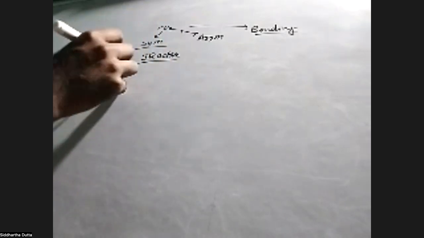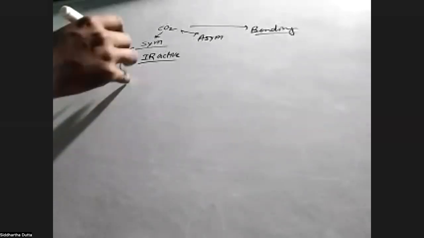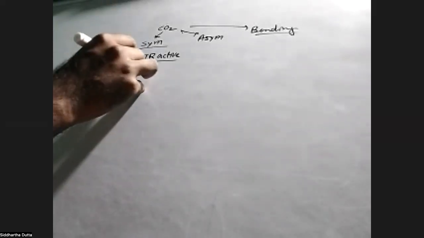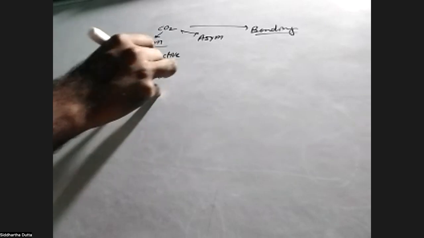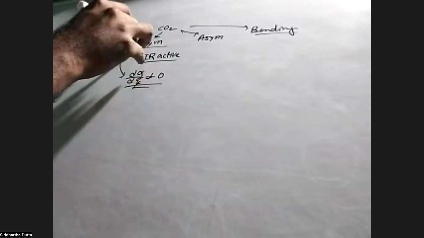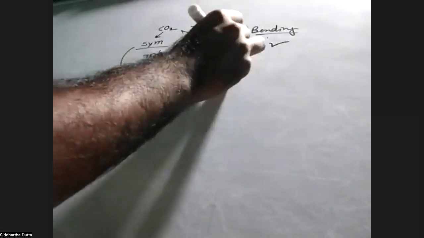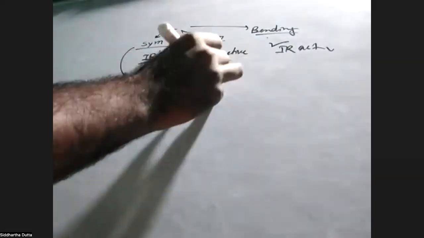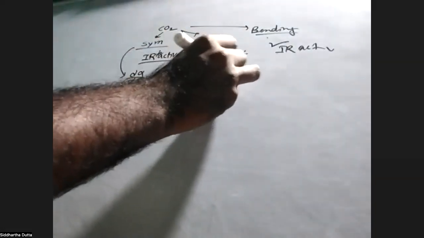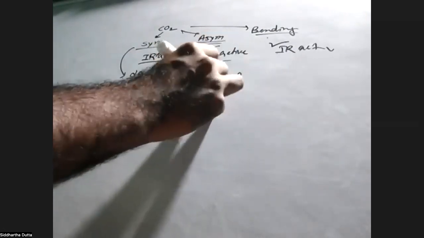On the other hand, there is a change in molecular polarizability, and d alpha by d xi is not equal to 0 here. So this particular symmetric stretch is Raman active. As for asymmetric stretch, here change in dipole moment occurs during vibration, so these are IR active. But for these two, as I was saying, d alpha by d xi equals 0 here, so these are Raman inactive.